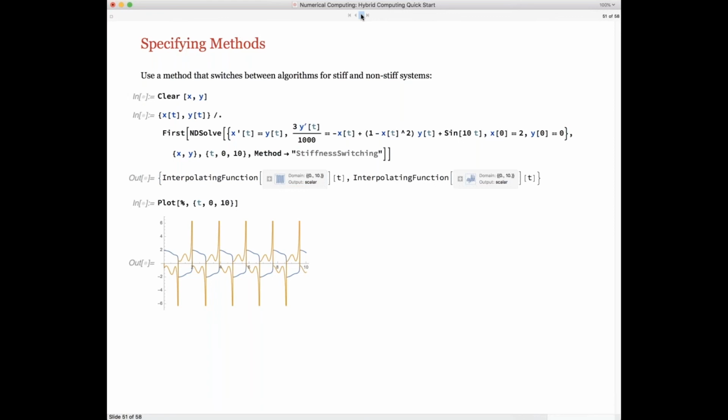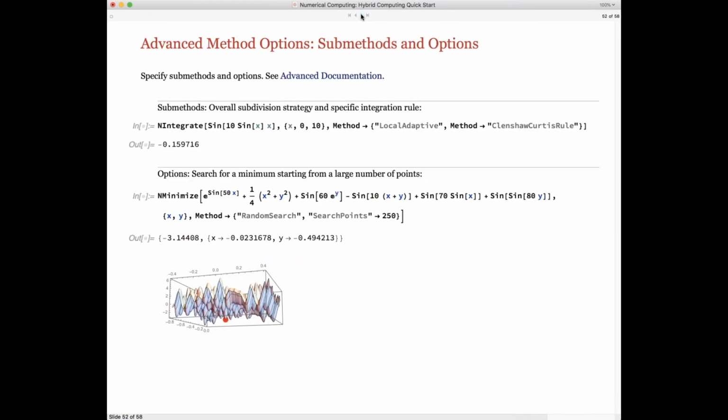Just as Mathematica functions have options, most methods in Mathematica numeric functions also have options of their own. They are specified in a list where the method name is first and the remaining elements of the list are its options.